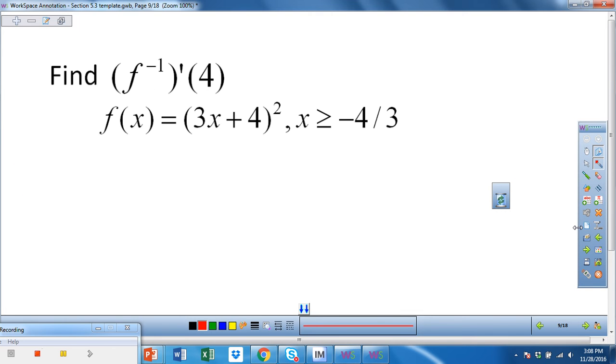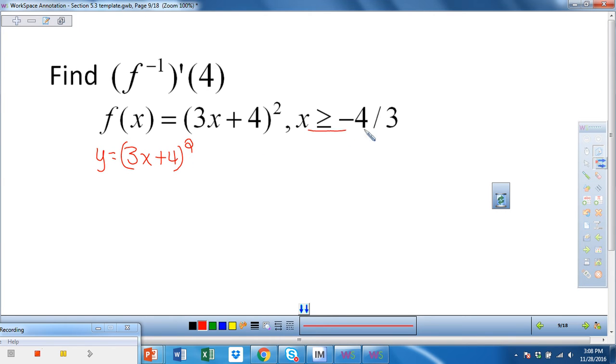If I wanted to find the derivative of this inverse at 4, intuitively what I would do is find the inverse of the function and then take the direct derivative. To find the inverse of a function, we exchange x and y and solve for the new y.